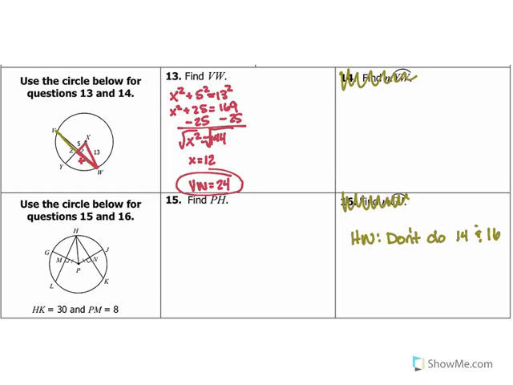Okay, the next one, 15, is very similar. So we have HK, which is this chord, is 30, and PM, which is this little piece, is 8. And we want to find PH.